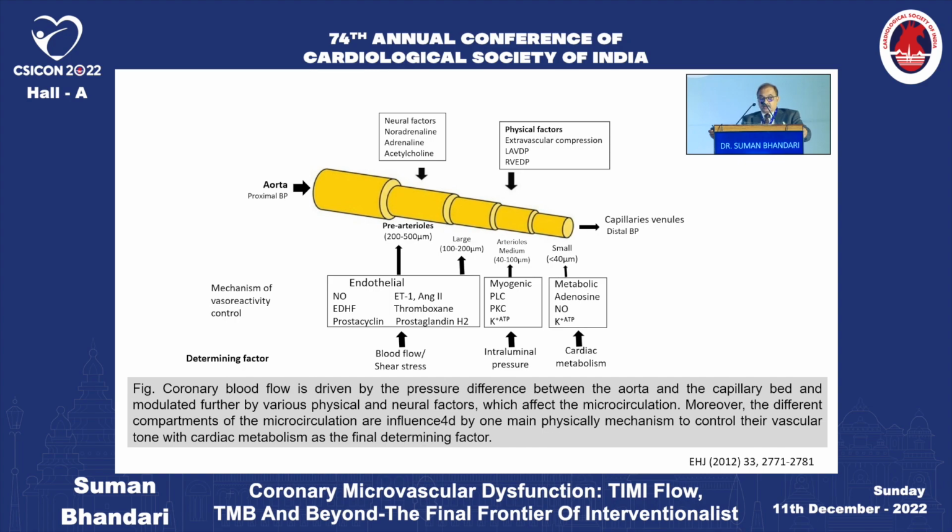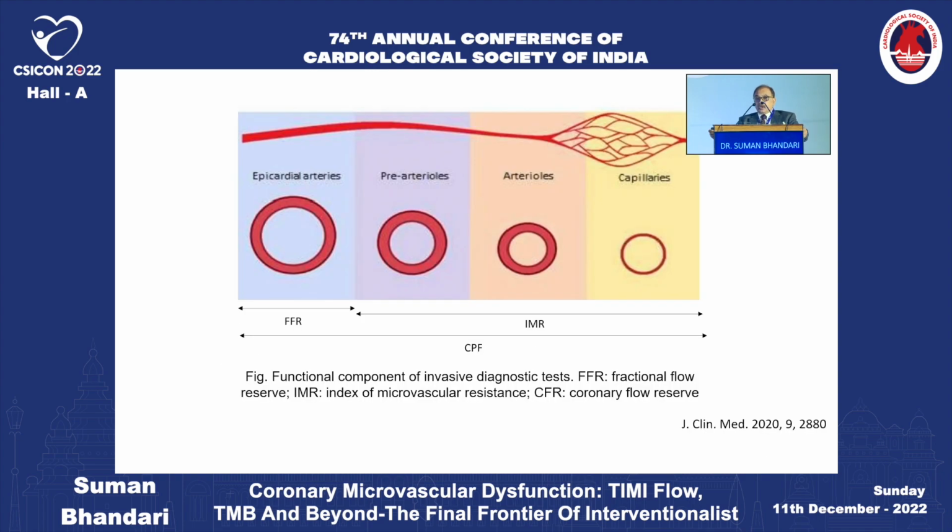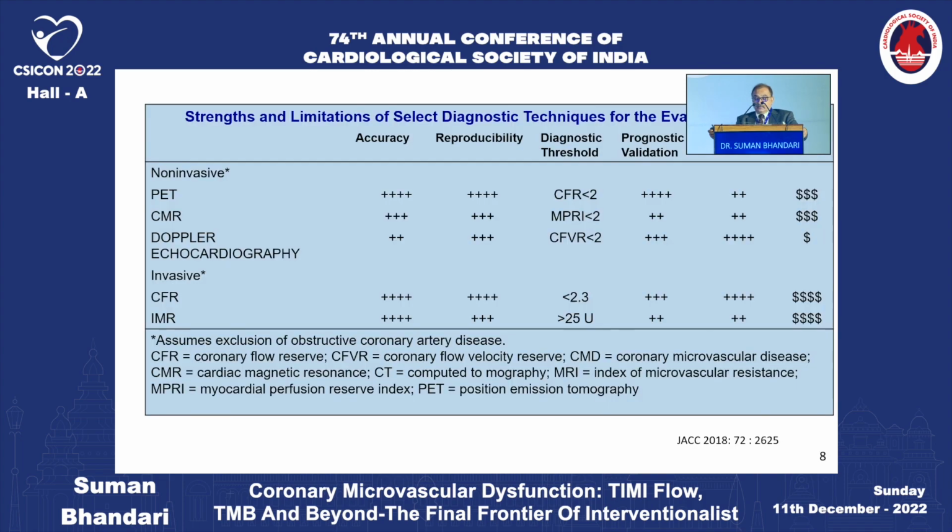The larger ones, the pre-arterioles, may be 200 to 500 and have different ways in which they are to be assessed, whether they are endothelium dependent or myogenic or metabolic, which is a different ball game at the level of obstruction we are seeing. So FFR works for the epicardial arteries. For the pre-arterioles to the capillaries, it's the IMR, and for the total you have to have the coronary flow reserve for the whole area.